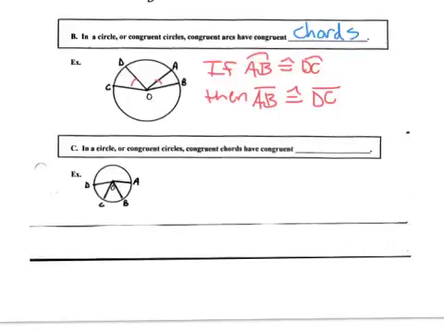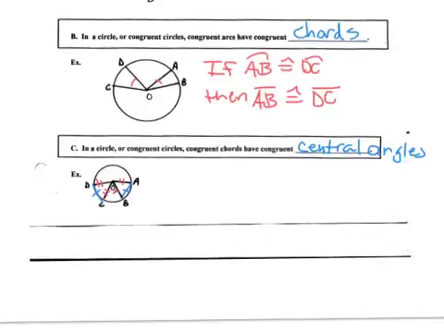Okay, the next one. In a circle, congruent chords have congruent central angles. So we're saying the same thing, just starting with different values. So let's try to reason why that is. Here we're starting with congruent chords. Well, again, we have two triangles here, and the other sides of the triangle are made up by the radii, and we know that in a circle, all radii are congruent.